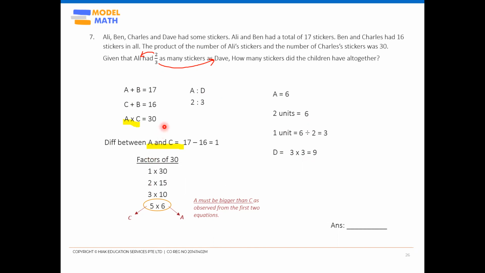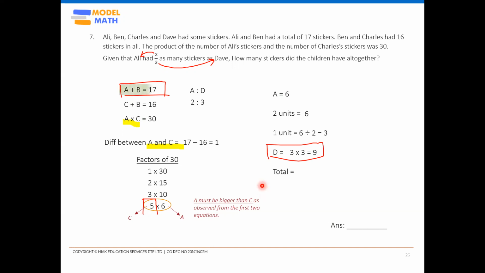So let's just do a check. Oh, sorry, I don't have Ben. But you don't have to find Ben actually. If you want to find Ben, yes, you can go ahead. To find Ben, you can just use 17 minus 6 stickers. If not, you can just straight away find the total, because you can use this equation, A plus B, you can use C, and you can use D. Then you just need to add up all those 3 numbers to get the total for all 4 people.